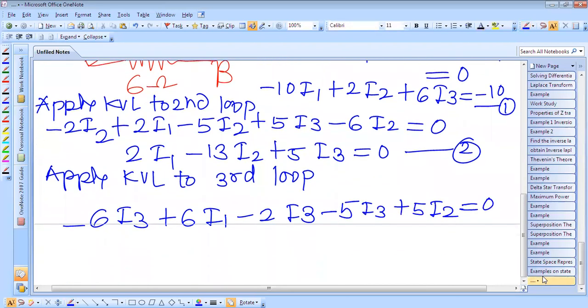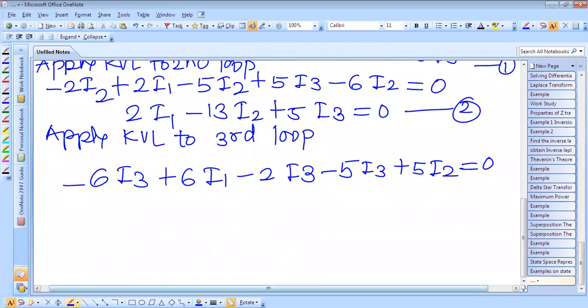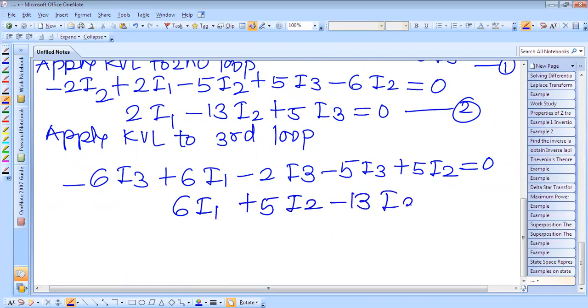So we can further write 6I1 plus 5I2 minus 13I3 equal to 0. This is equation number 3.